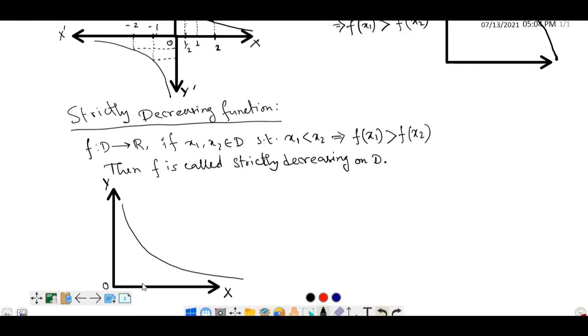For any two points x1 and x2, f of x1 will always be larger than f of x2. See, this is f of x1, this height, and this height is f of x2. So clearly f of x1 is larger than f of x2, and it will always carry this inequality.